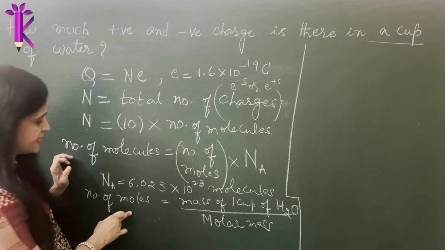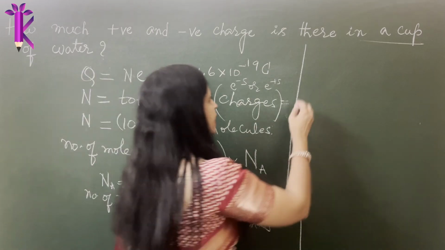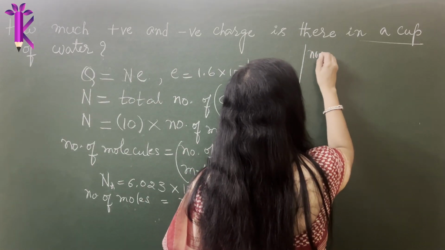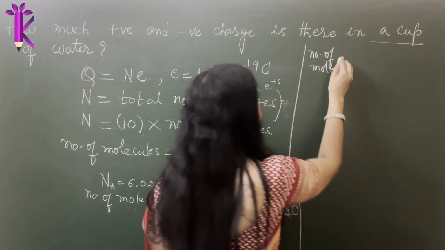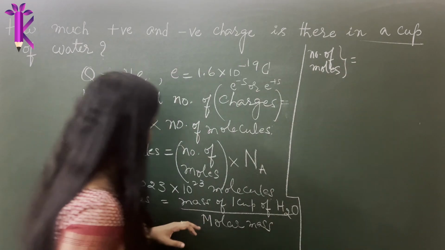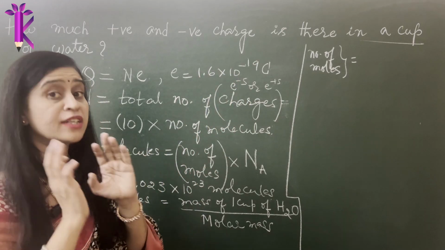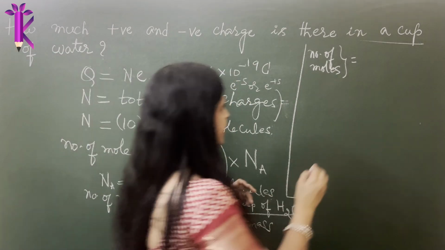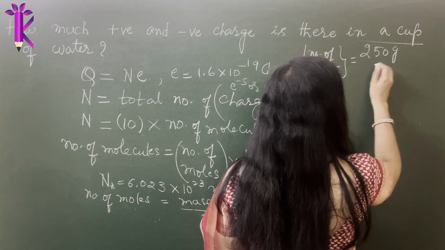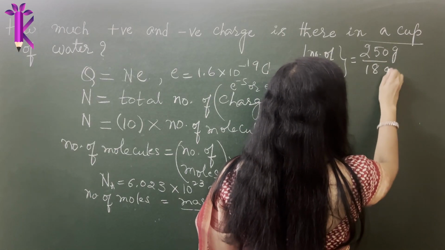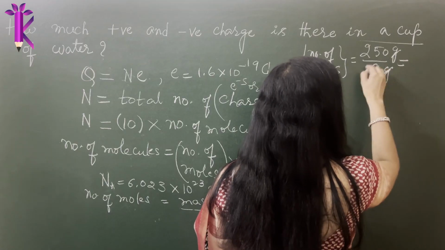So now let's calculate the number of moles. The number of moles will be equal to the mass of water. The mass of 1 cup of water, you must remember, is 250 grams. Please remember this. And the molar mass of water is 18 grams. So the units get cancelled.